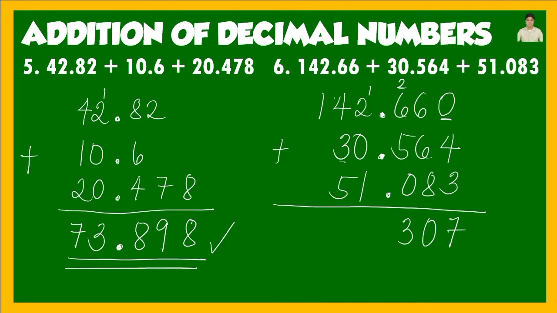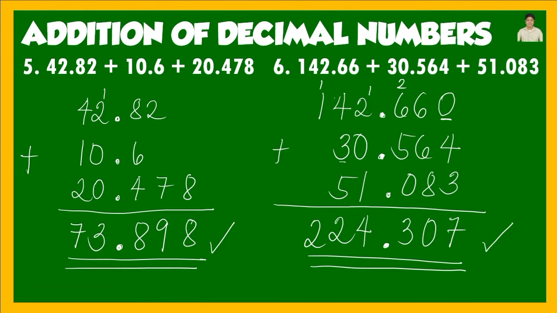Plus 1, 4. 4 plus 3, we have 7. Plus 5, 12. So, we will write 2 and then regroup 1. 1 plus 1, that is 2. And then yung ating decimal point, ayan. So, our final answer is 224 and 307 thousandths.